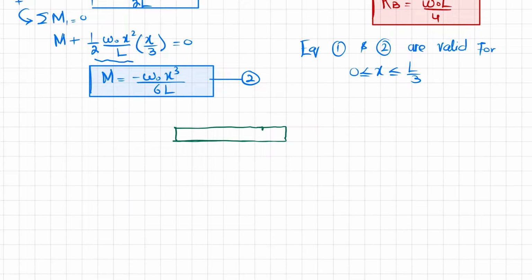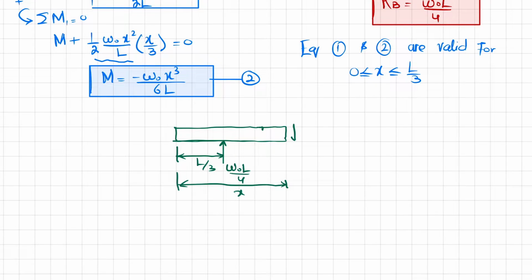Clear? At this point we have RA, and RA is W naught L by 4, and it is at a distance of L by 3. And let the total distance where you cut the beam be X.